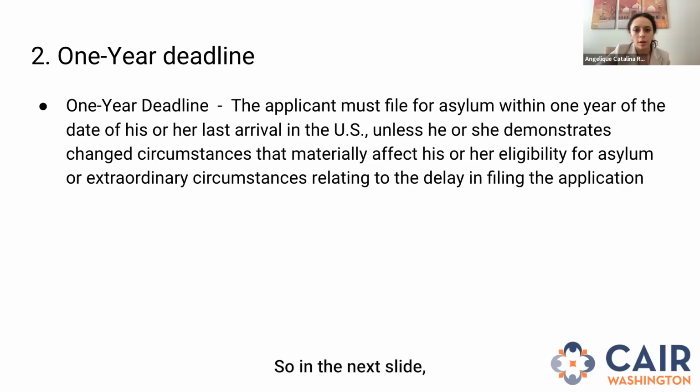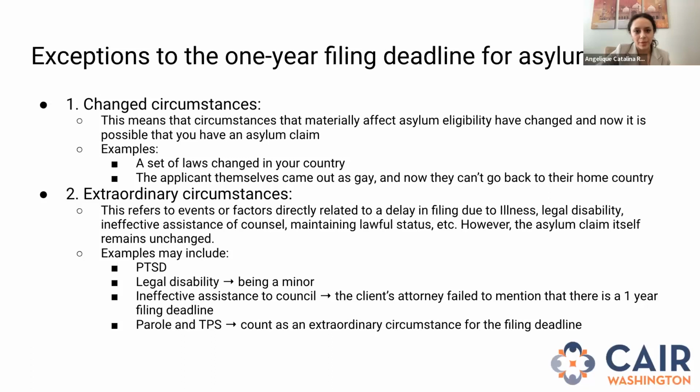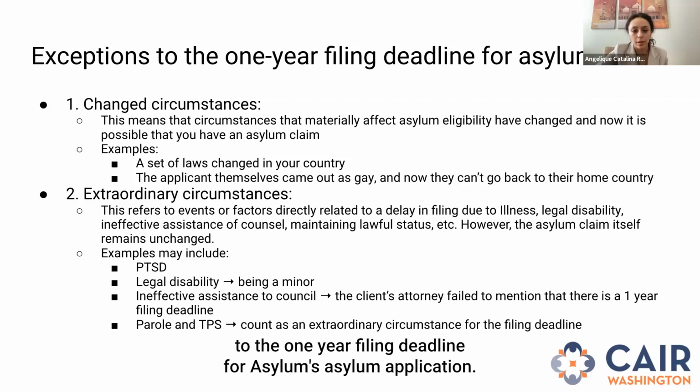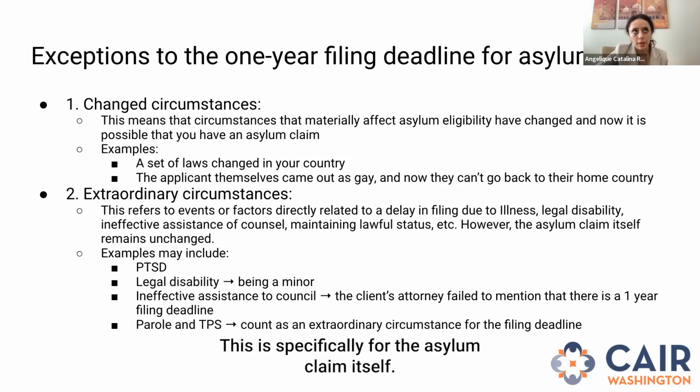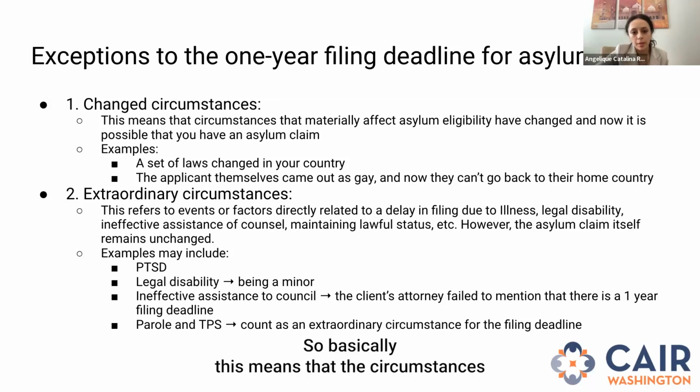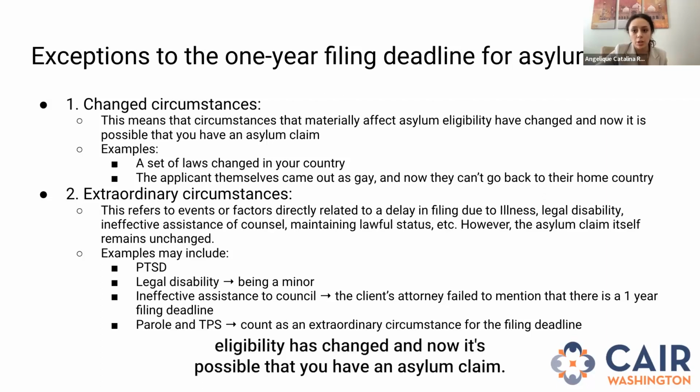So in the next slide, please. Here we have the 2 exceptions to the 1-year filing deadline for an asylum application. First, changed circumstances. This is specifically for the asylum claim itself. Basically, this means that the circumstances that materially affect the asylum eligibility have changed, and now it's possible that you have an asylum claim.